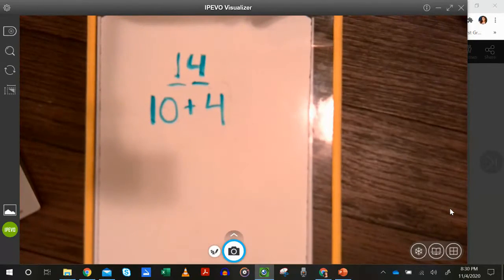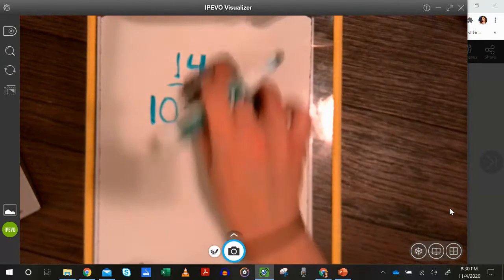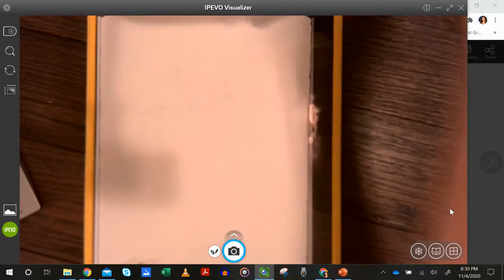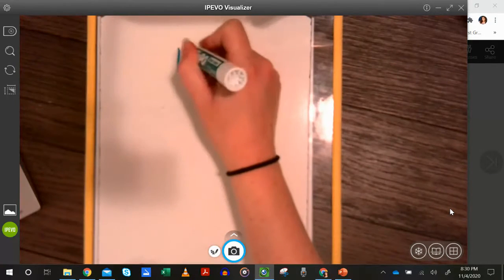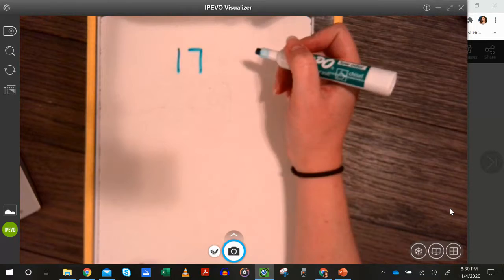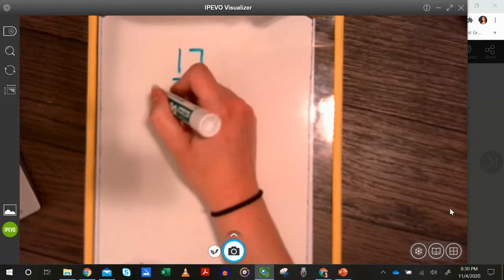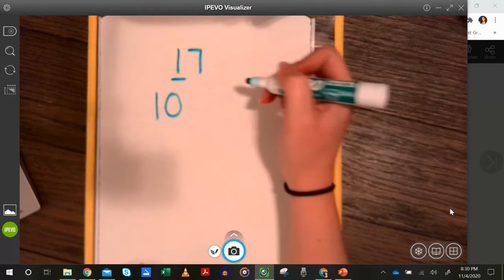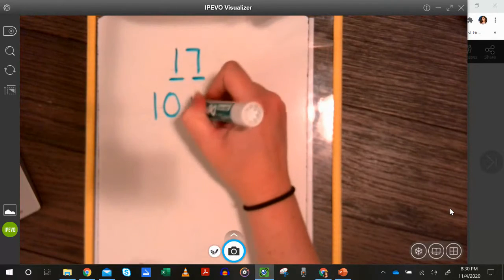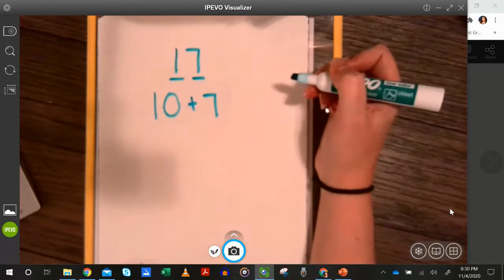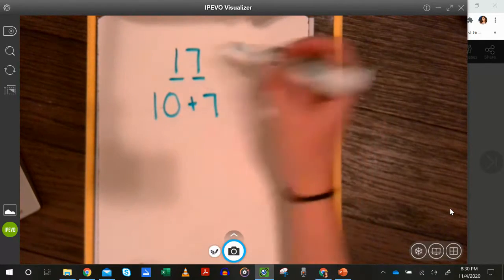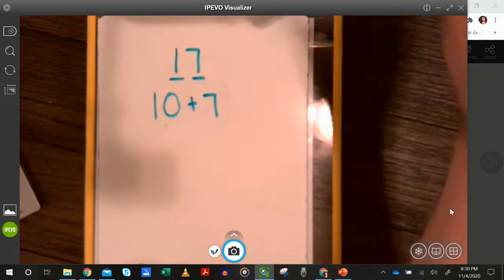Would you agree? Good. Okay, let's try another one. What does 17 mean? The 1 means we have a group of 10, and the 7 means I have 7 more. So 17 means 10 and 7.